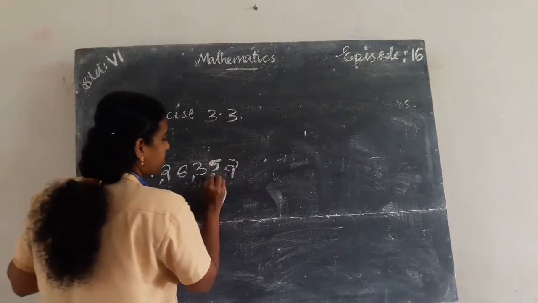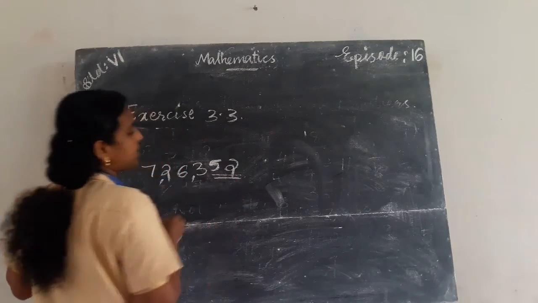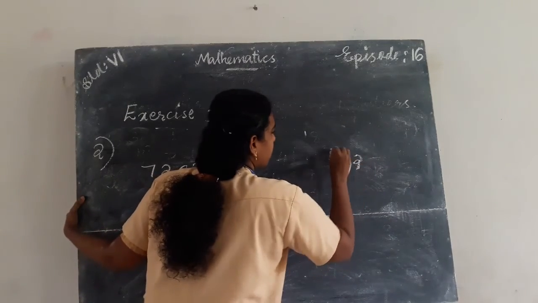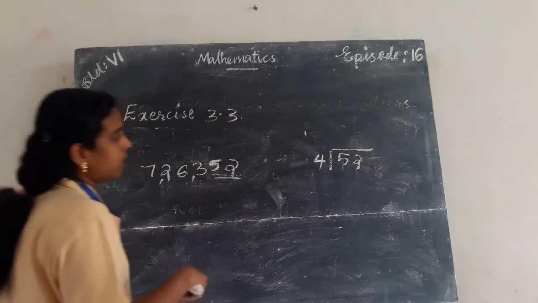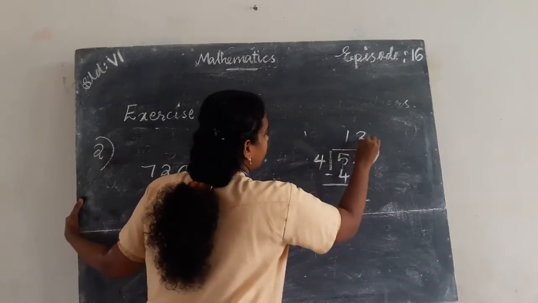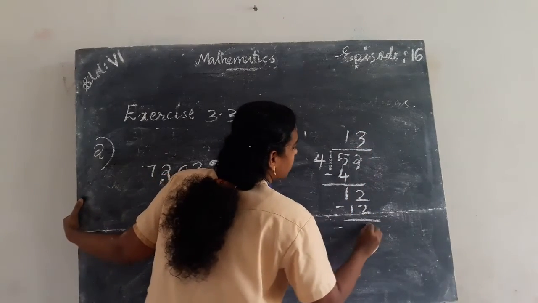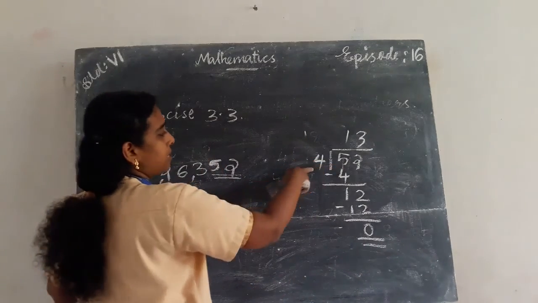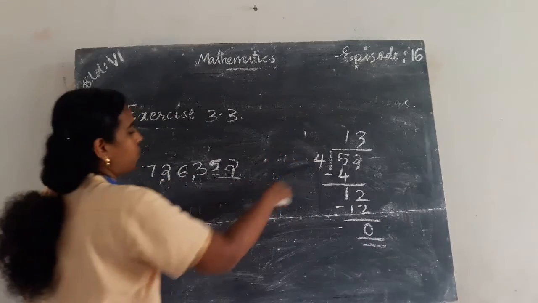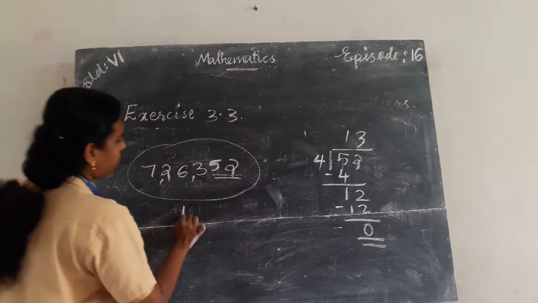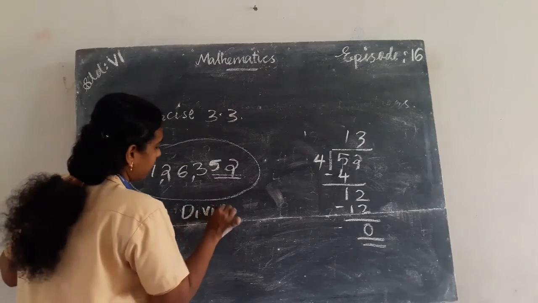So the last 2 digits from the right here are 52. Okay, 52. Then we divide the last 2 digits by 4. Then we get 1, 4 is 4. Then 1, 2, 3 fours are 12. 12 minus 12 is 0. We get the remainder 0. Then we can say that this number is exactly divisible by 4. So this whole number is also divisible by 4.